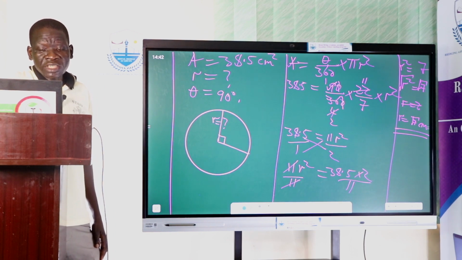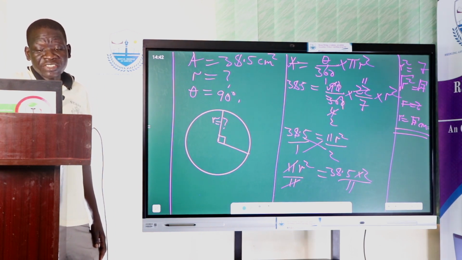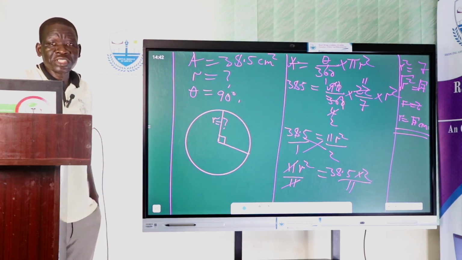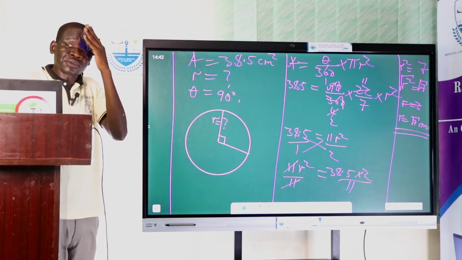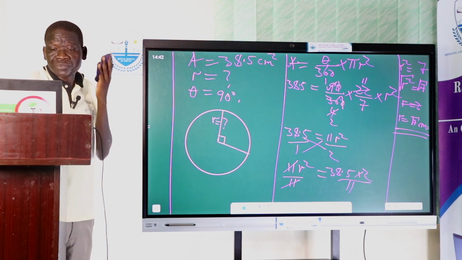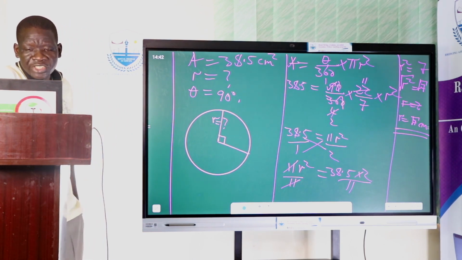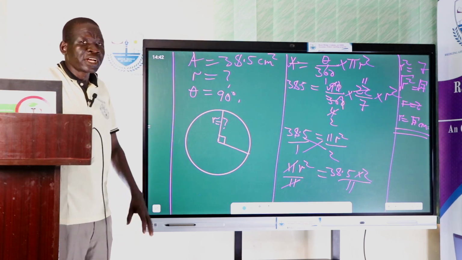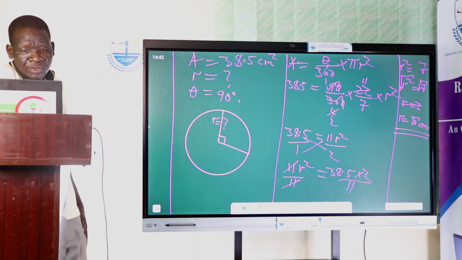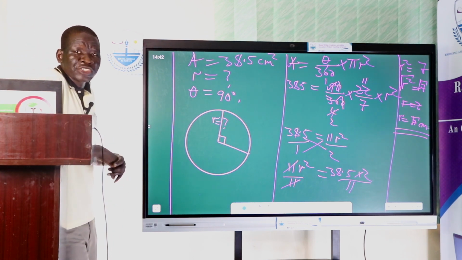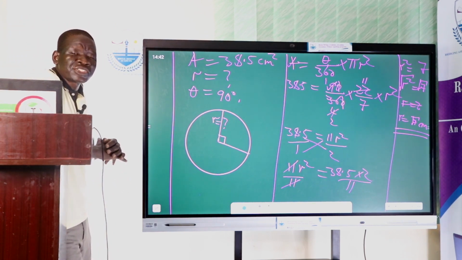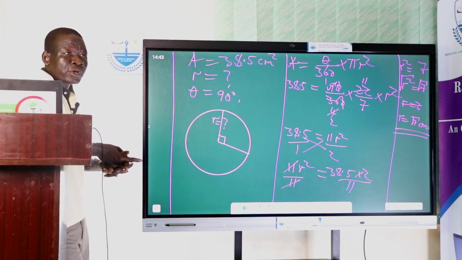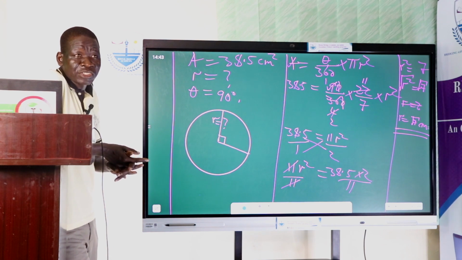So we can now look at surface area of solids. When we talk about the surface area, we mean the area of the flat surface. Different shapes have different surfaces. The cuboid has many surfaces.